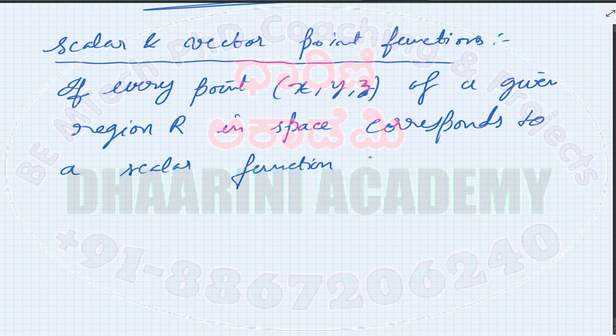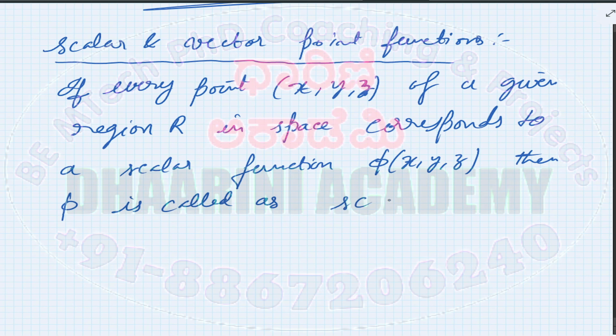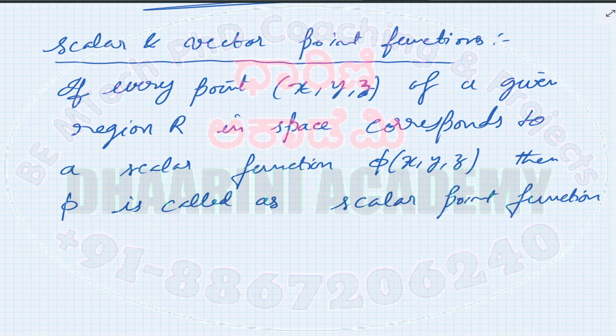So let's denote that scalar function as phi of x comma y comma z, right? Then this phi is called a scalar point function, right?